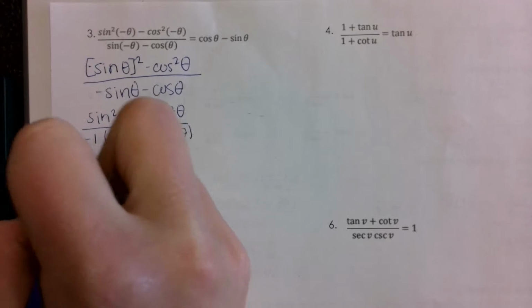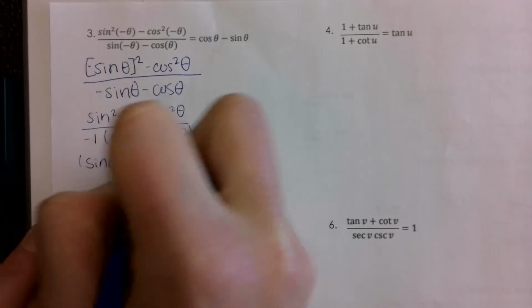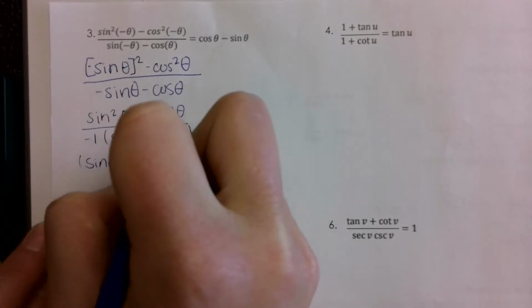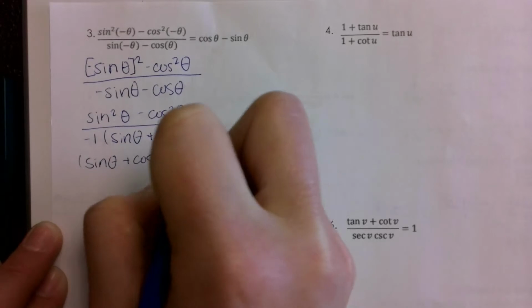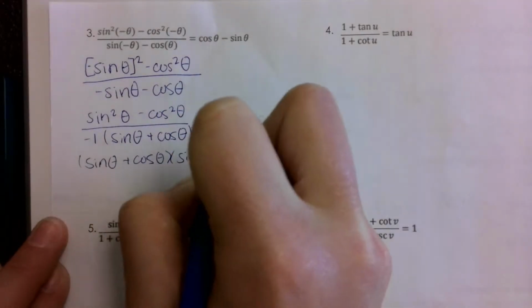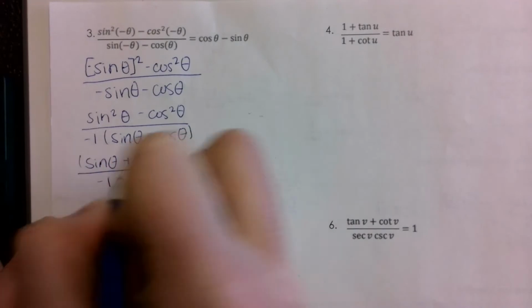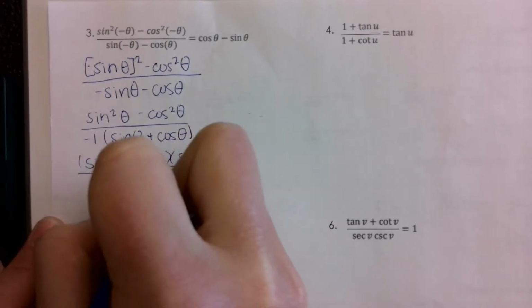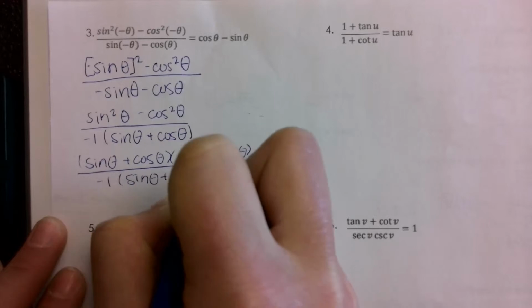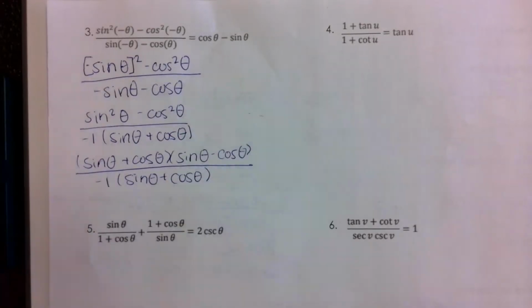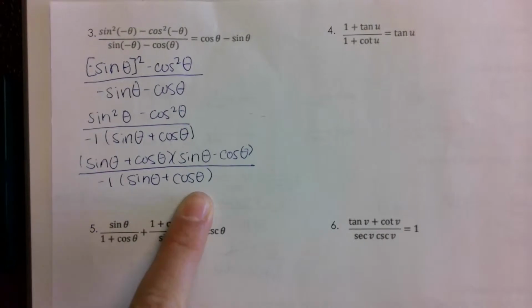So that numerator is going to factor into sine theta plus cosine, and then sine theta minus cosine. And then we had -1, and then sine theta plus cosine on the bottom. So then that sine plus cosine is going to cancel on top and bottom.